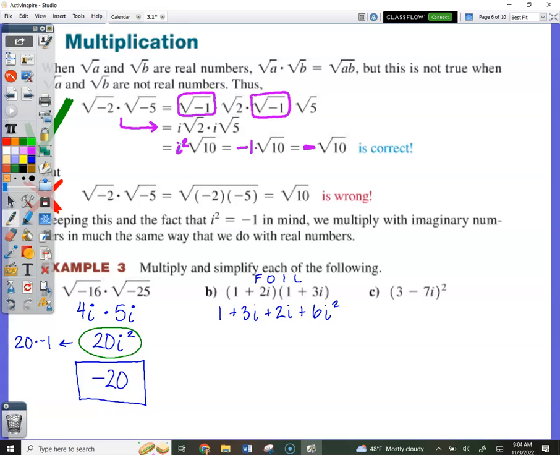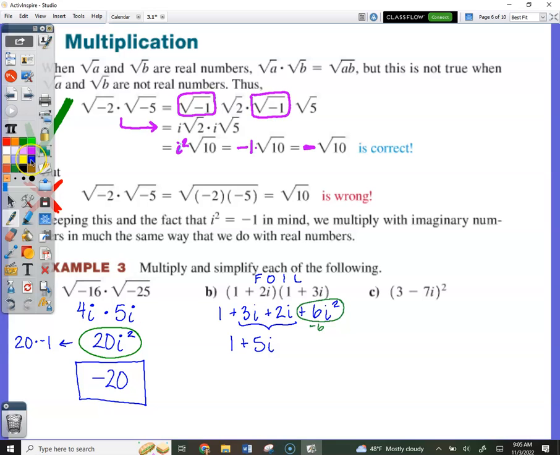Now, look for any like terms. So right here in the middle, I bring the 1 down. This becomes 5i, and this is where I said, train yourself to circle the entire term, including its sign, and tell yourself, that's a positive 6i squared. i squared is -1, so that's actually -6.